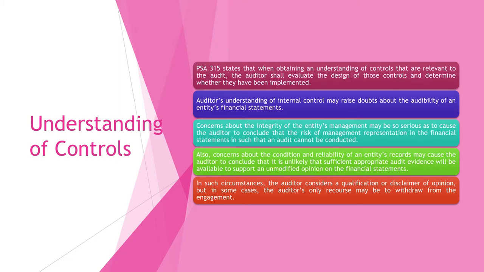The auditor's understanding of internal control may raise doubts about the auditability of the entity's financial statements. Concerns about the integrity of the entity's management may be so serious as to cause the auditor to conclude that the risk of management misrepresentation in the financial statements is such that an audit cannot be conducted.